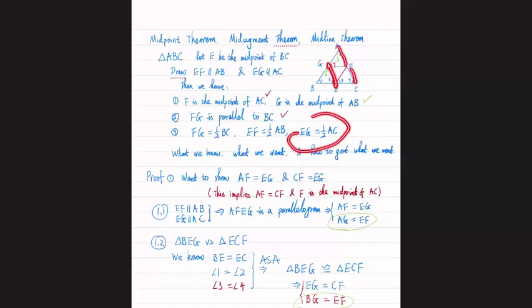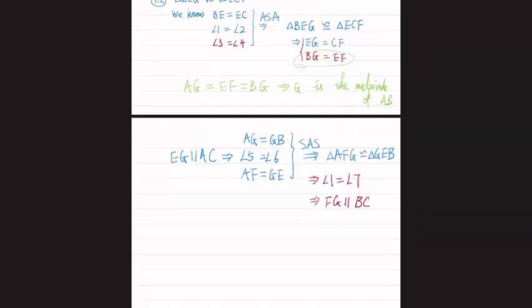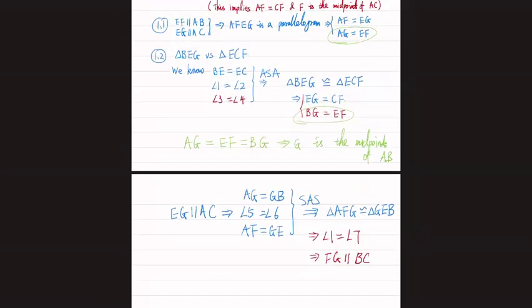Is this enough? I think so. Okay, because this has the same length, this has the same length, so together they have twice the length. So this is the second part.